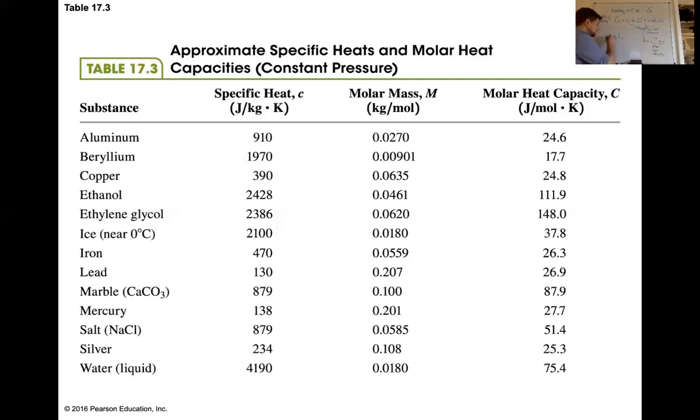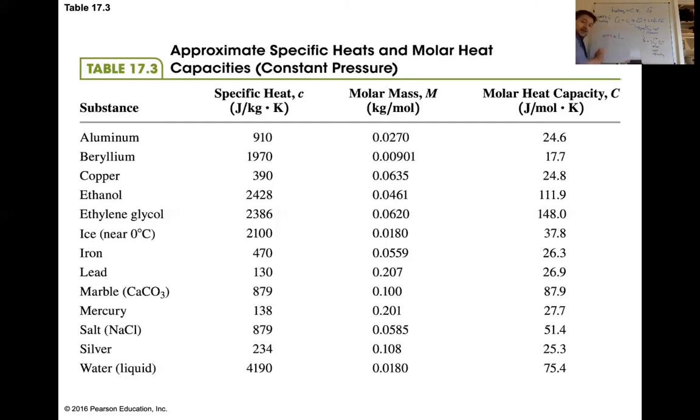It's up to us to keep track of whether this is a heating that we did with a hot thing, a flame like that, or whether it's heating that we did by exposing the thing to a cold environment, such that we're heating in reverse, right? We're heating the cold thing with our sample as opposed to heating our sample with a hot thing.